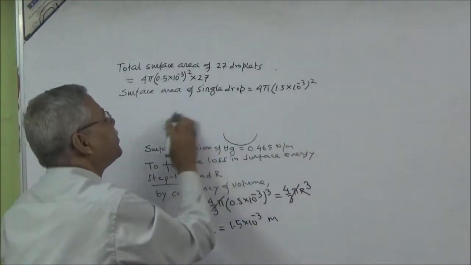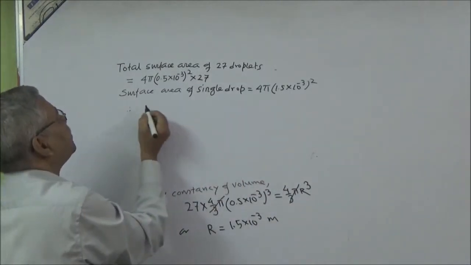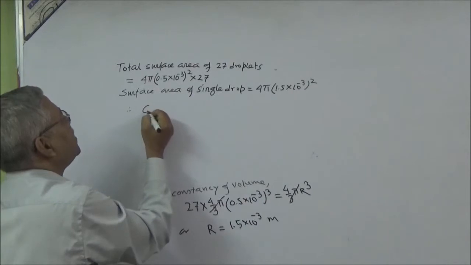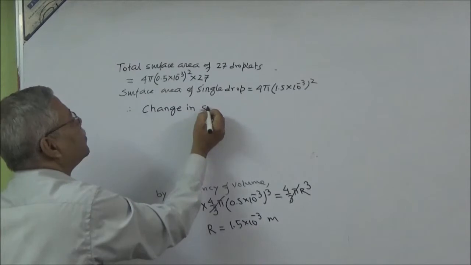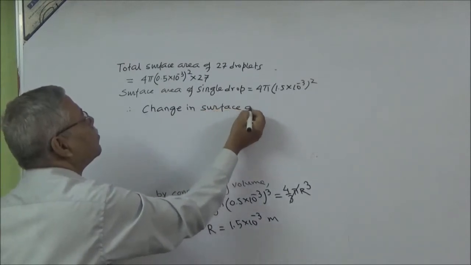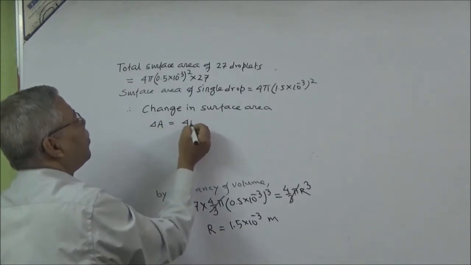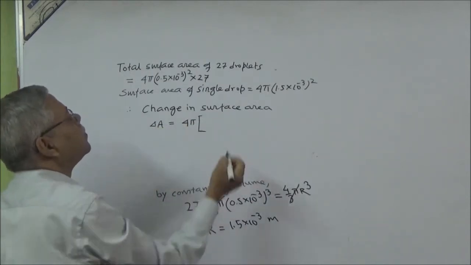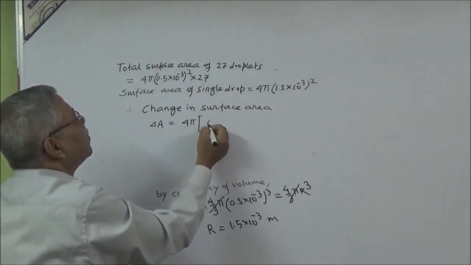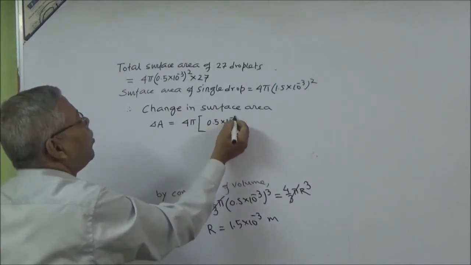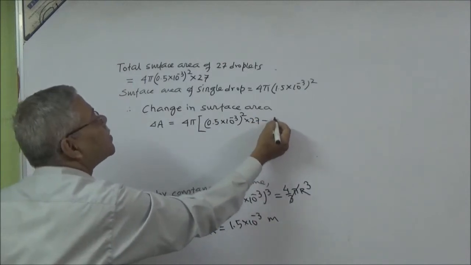Hence, del A, change in surface area, del A equals 4 pi into this minus this: 0.5 into 10 to the power minus 3 whole square into 27 minus 1.5 into 10 to the power minus 3 whole square.